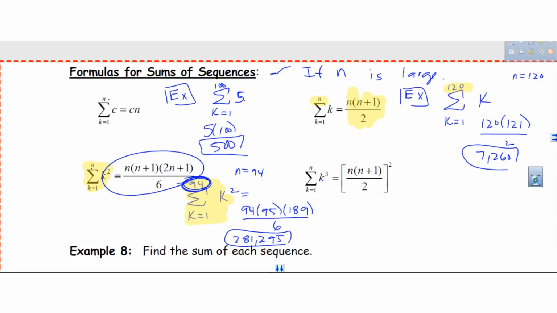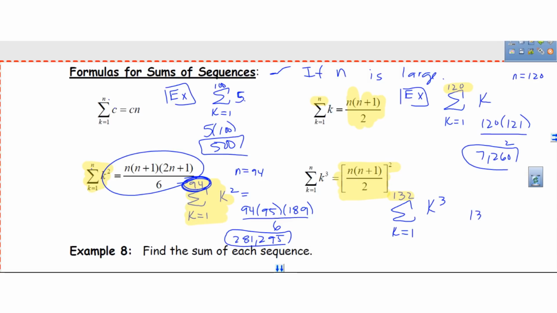Okay, this last one right here, here's an example that shows the formula. K equals 1 to k equals 132 of k to the third. That's the example that I just made up. You don't have to know that. And then you just use the formula. So here's your formula, and for this particular problem, your n is 132.